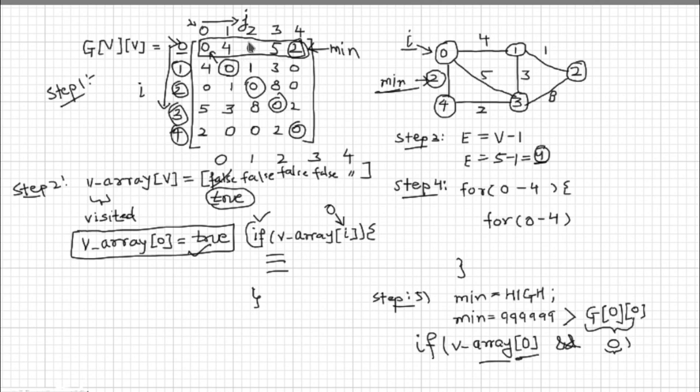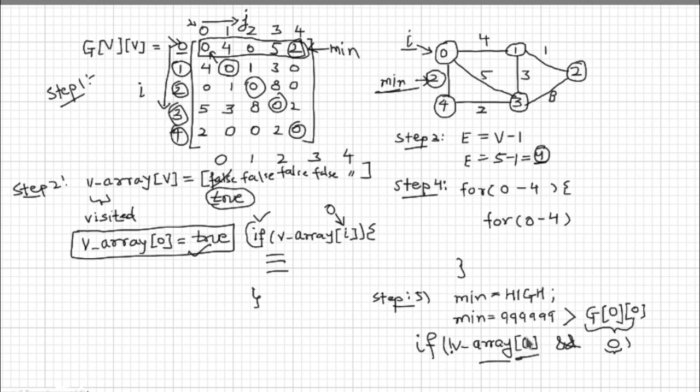That's why we are using not equal to v array, because we saw an important point in the previous tutorial also: if we have visited a particular vertex, we are not going to consider the edge that is connected to it. So that's why we wrote here not equal to v array 0.